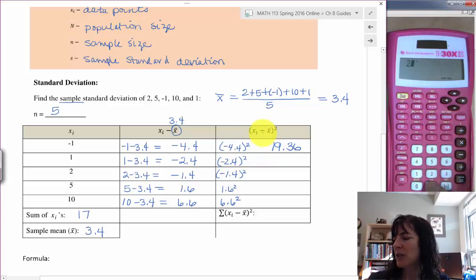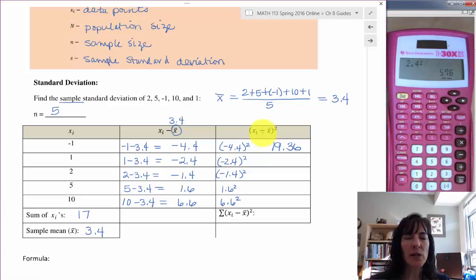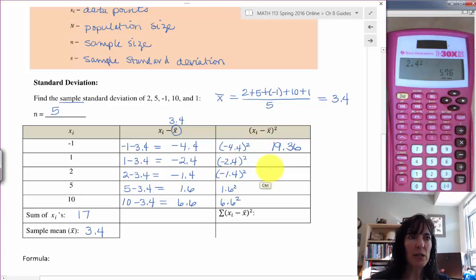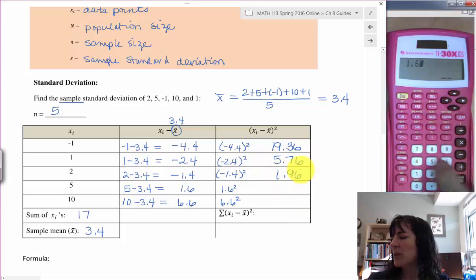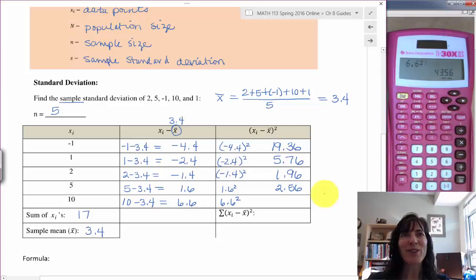So I do expect the 2.4 squared to be a positive number, so I don't have to go through putting in the parentheses and the negatives, but I get a positive 5.76. Do it with 1.4, I get 1.96, 1.6 squared, and 6.6 squared.